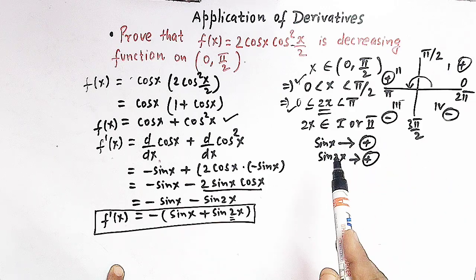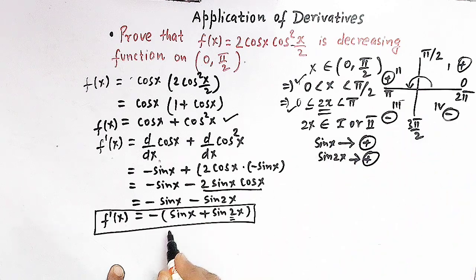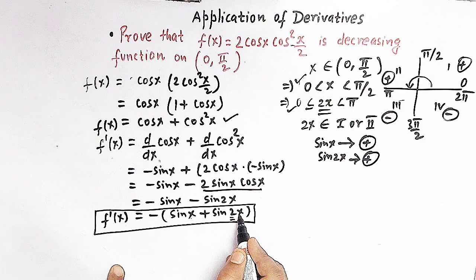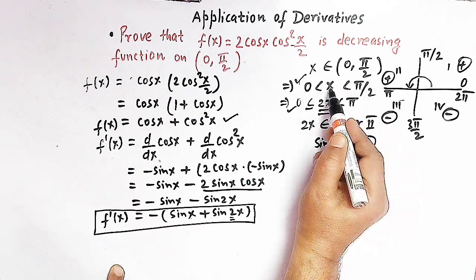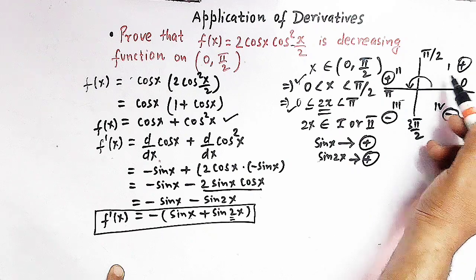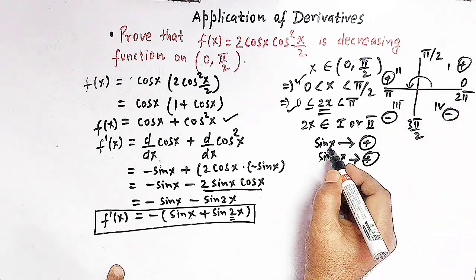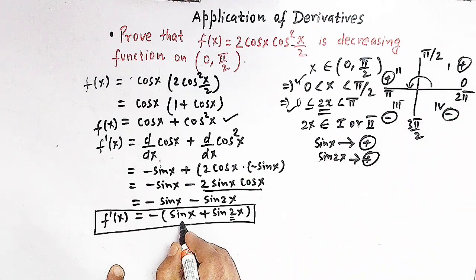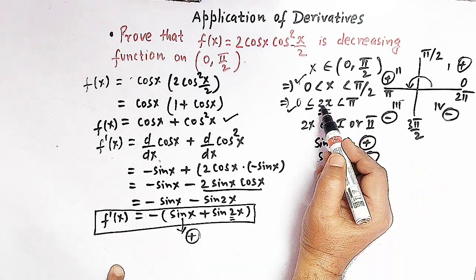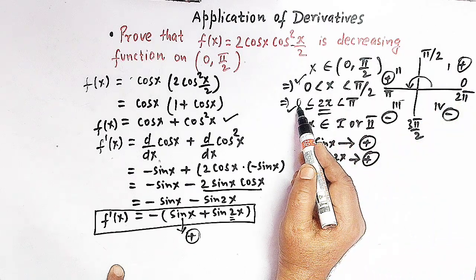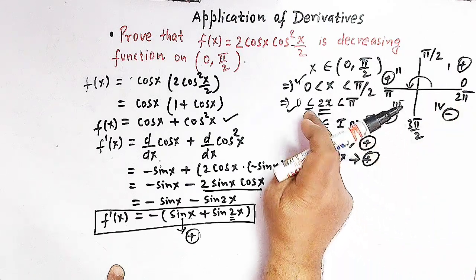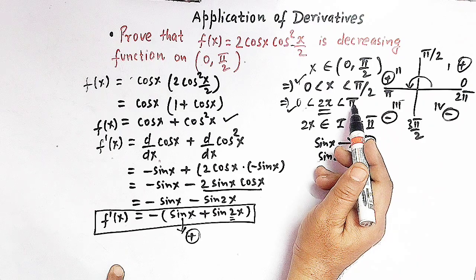So let us once again explain it. So here we have sine x and here we have sine 2x. Now x is greater than 0 but less than pi by 2. So x is in the first quadrant, and in the first quadrant sine x is positive, right? So this quantity is positive, and 2x, when we multiply this inequality by 2, then we have 2x greater than 0 or less than pi.